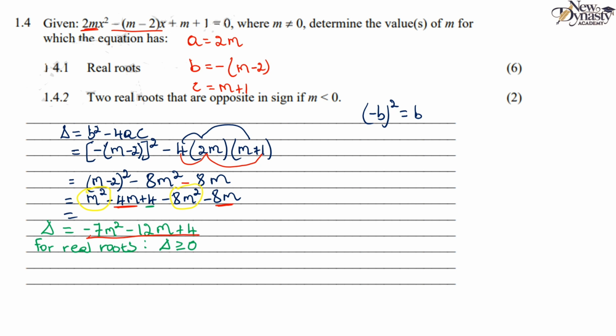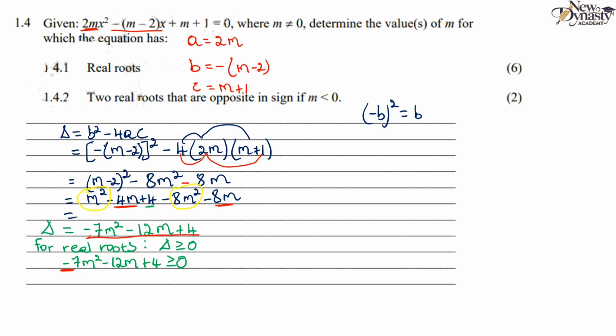So we're going to go on and say our negative 7m squared minus 12m plus 4 should be greater or equal to 0. Now remember that we still need to factorize this so that we can get the critical values. But now look at this. Our leading term has got a negative sign here. So for us to be able to factorize this, let us make sure that our leading term has a positive sign.